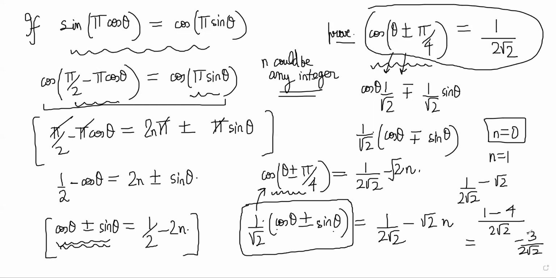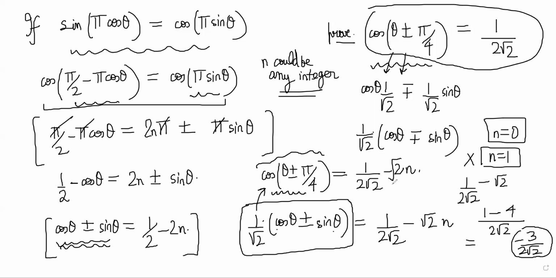But you should realize that this is less than minus 1, because 2 root 2 value is 2.828 and all. So this is minus 1 point something, right? Is it possible for cos to give a value which is less than minus 1? No, sir. So n is equal to 1 is not working, right?